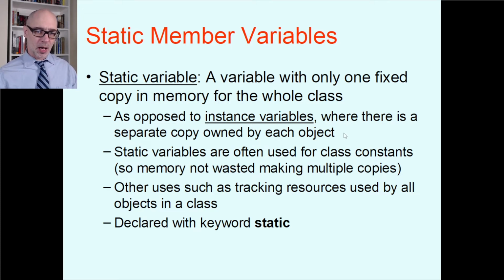There's a separate copy owned by each object. Just like that prior slide, object 1 has its own value pointer, and object 2 has its own value pointer. Separate copies, separate versions of that member variable for each object that each object owns. Now, if you make a member variable static for a class, that goes away. Now, there's just one single version of that variable for all the objects in the whole class.